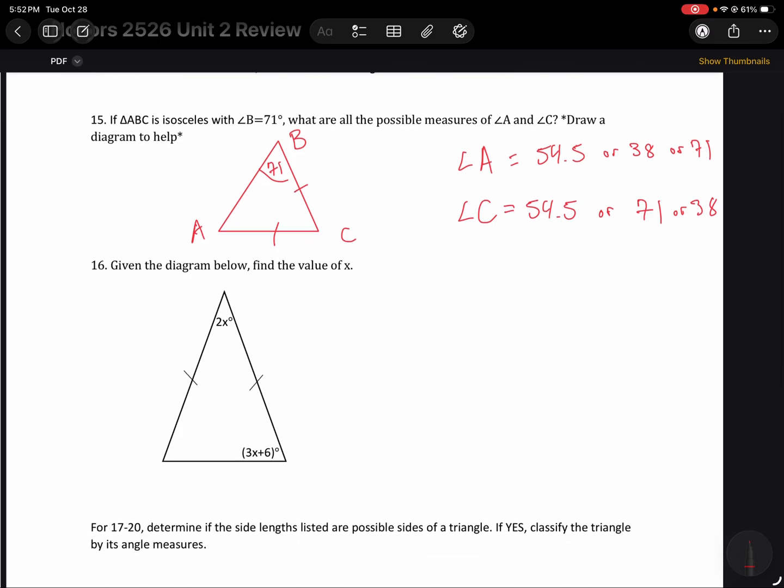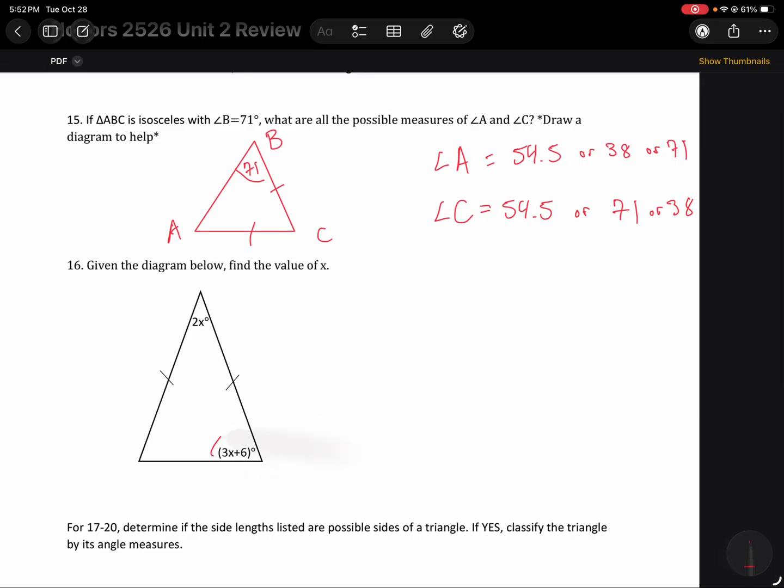All right, number 16, given the diagram below, find the value of x. We know that these two are the same, so I can say that this is 3x plus 6. So we'll have 3x plus 6 plus 3x plus 6 plus 2x all make a triangle together.